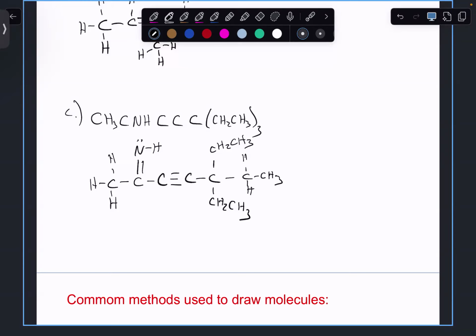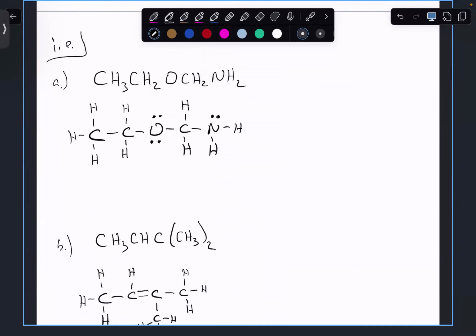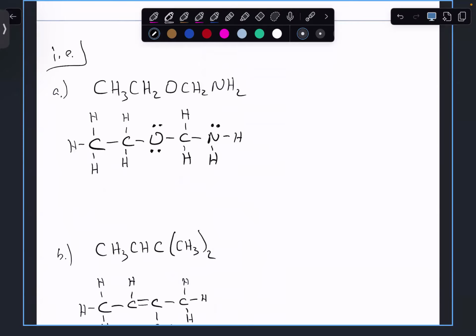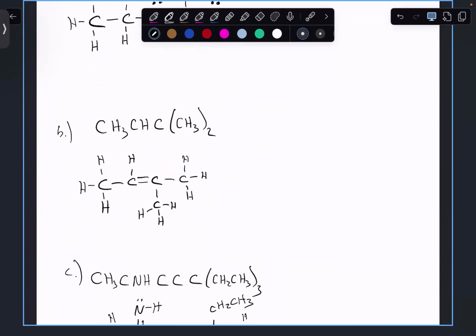So I guess the way I would approach these is kind of the way that I introduce them. Start just drawing everything out in a line. A lot of times that works, like here. If you notice some issues, start trying to fix valences with multiple bonds.